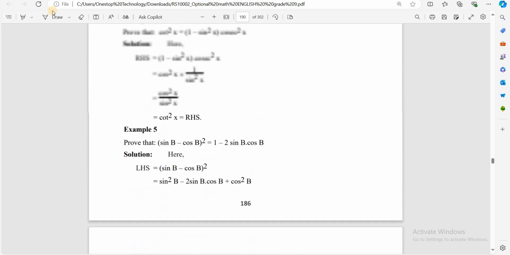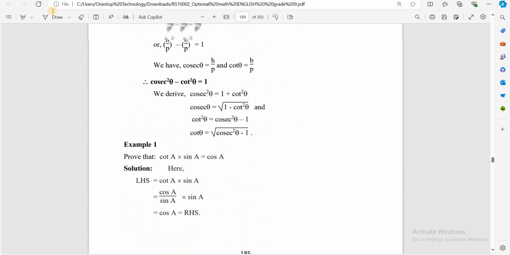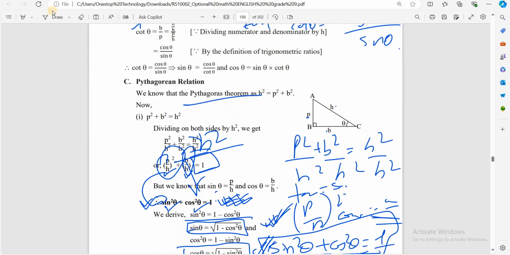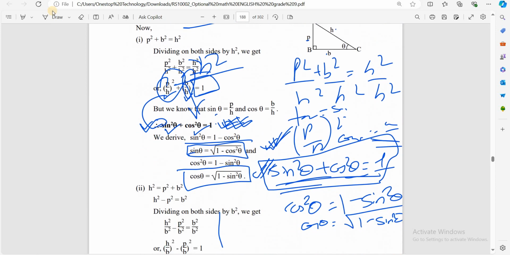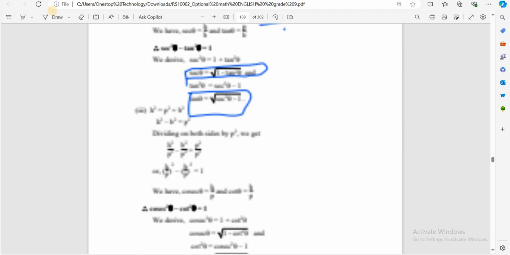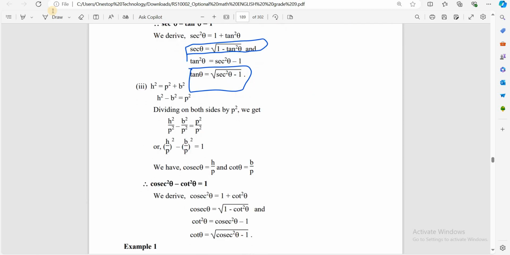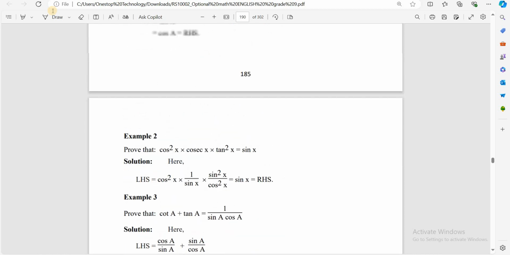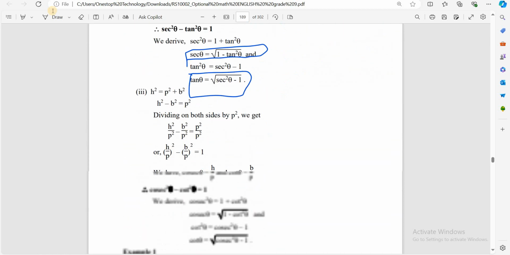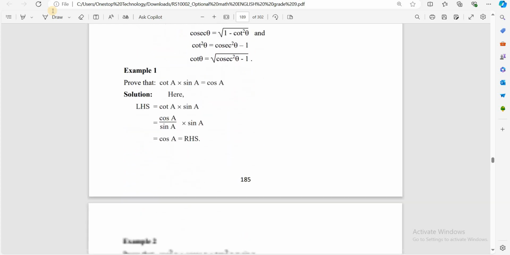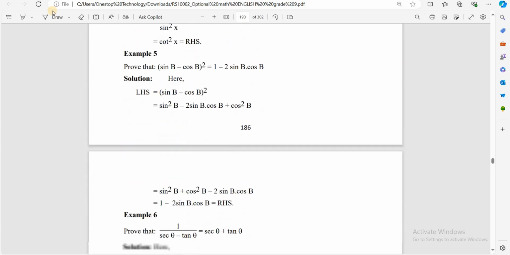You can just google it out and you can find the value, but in your remaining college days you have to know by your heart. So try to memorize this: sin square plus cos square equal to 1 and sec square minus tan square equal to 1 and cosec square minus cot square equal to 1. To confirm, cosec square minus cot square equal to 1. Okay, so remember this by saying this.